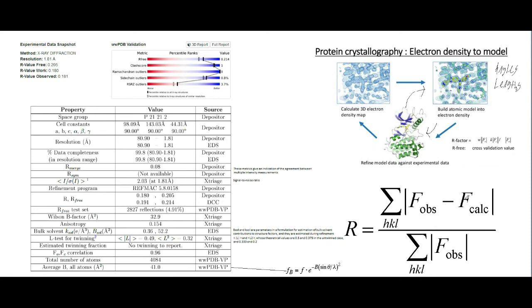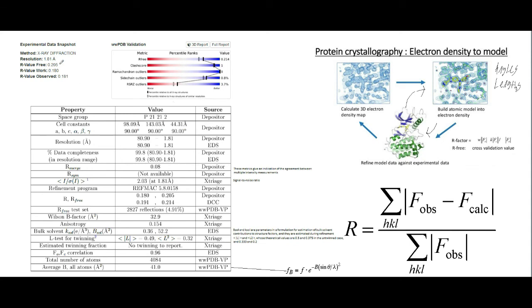And what you're looking for when you're doing these refinements as well is how well your observed and calculated data fit together, and that's what's called the R factor. So the R factor is telling you how well your model is fitting the data.